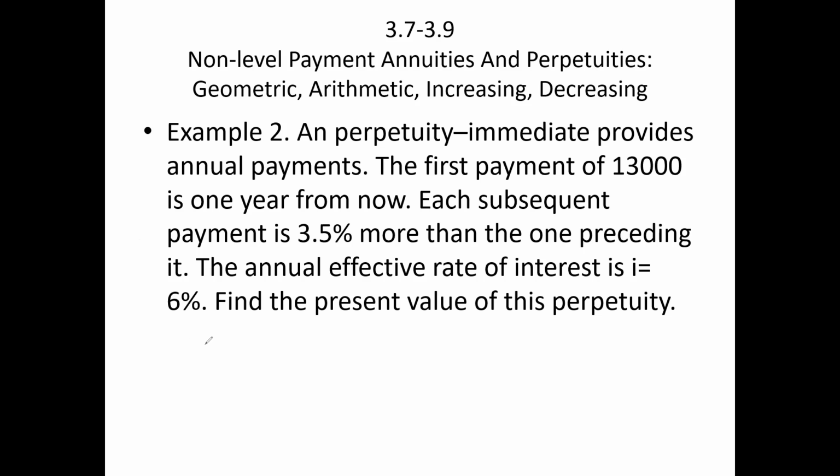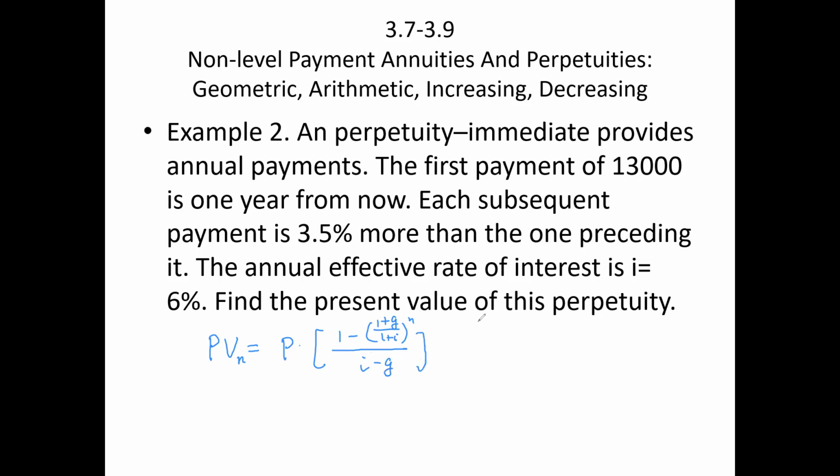So we want the present value of the perpetuity. Let's work with the formula when we have n periods and then let n go to infinity. The formula is P times (1 minus ((1 plus g) over (1 plus i)) to the n) over (i minus g).